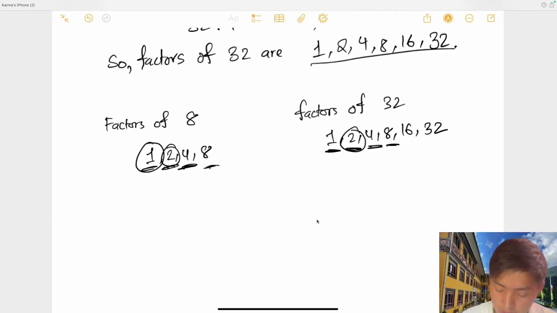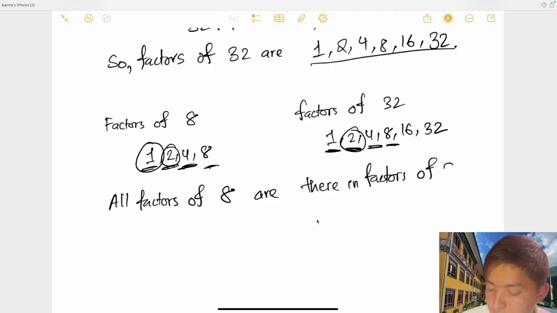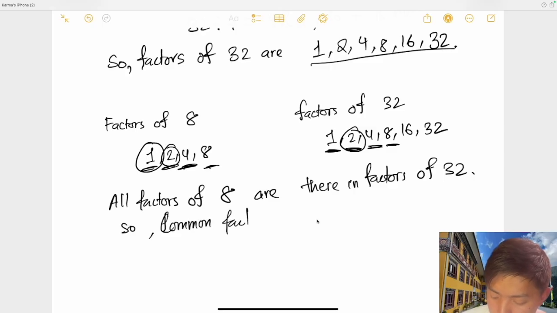So all the factors of 8 are there in the factors of 32. So common factors are 1, 2, 4, and 8.